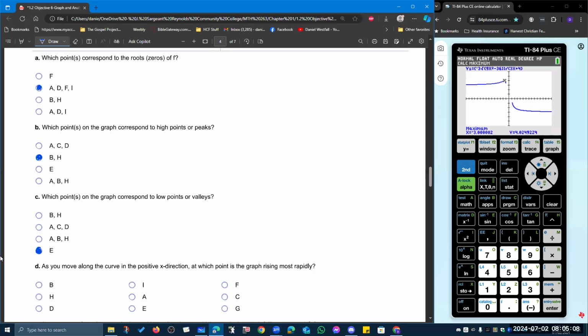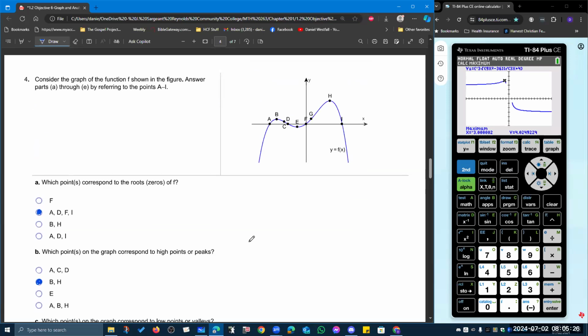As you move along the curve in the positive x direction, at which point is the graph rising most rapidly? Where does it have the steepest, most positive slope? Is what they're asking there.